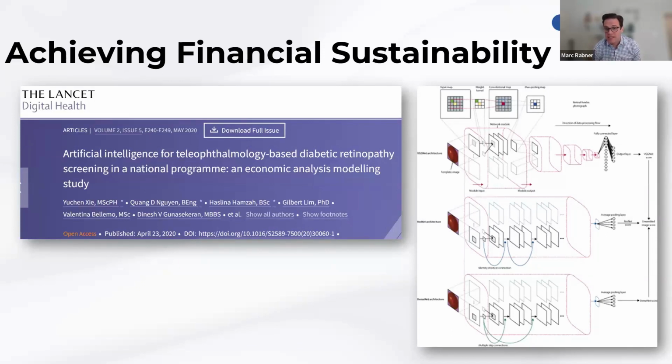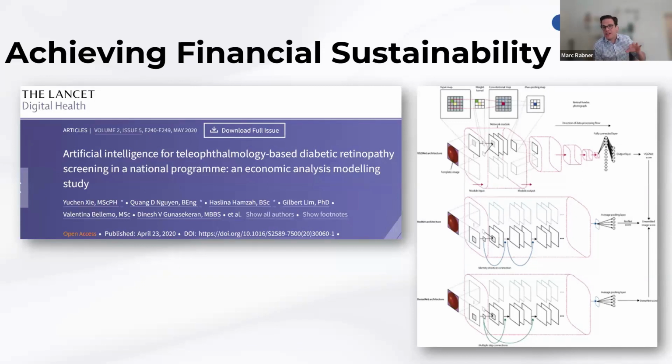These AI systems look at a picture of the retina and have been shown to be as effective as human reviewers of diabetic retinopathy. And in one model, the AI helped triage patients. So similar to what Dr. Taylor mentioned, the easy stuff, let's let the AI do. The hard stuff, let's let the humans do.